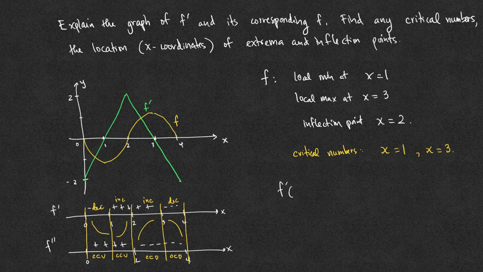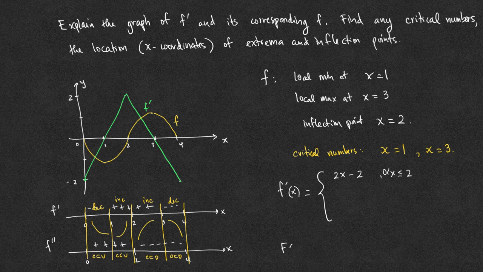F prime of x, the first part is 2x minus 2. The slope is rise 4 over 2, so the slope is 2 and the y-intercept is negative 2, for x between 0 and 2.